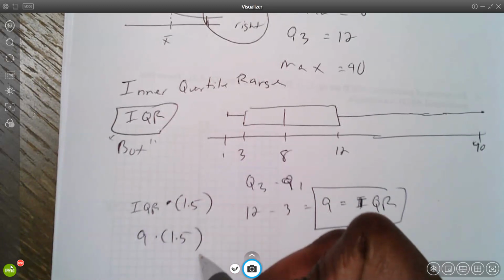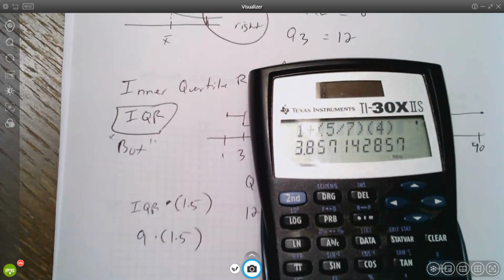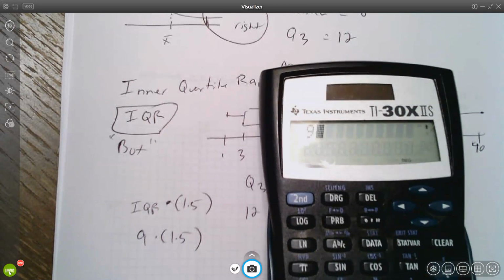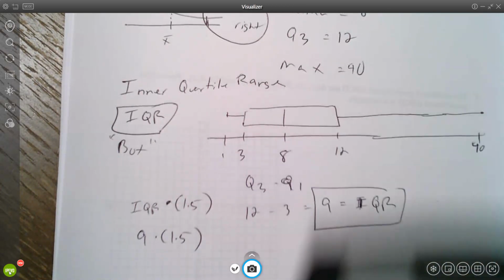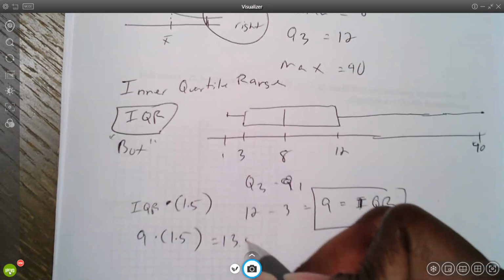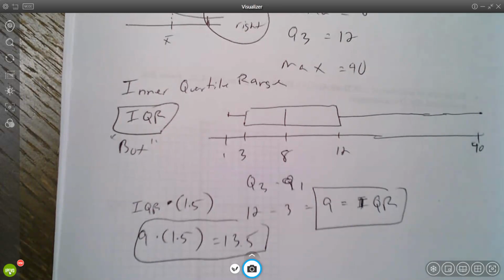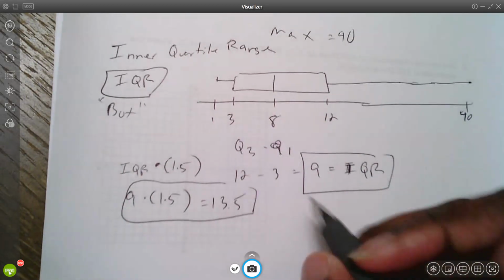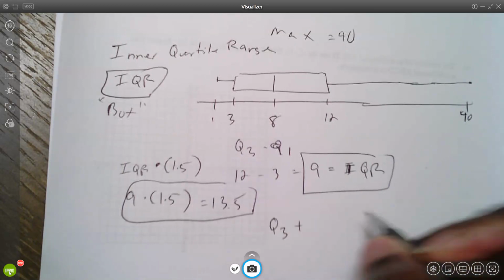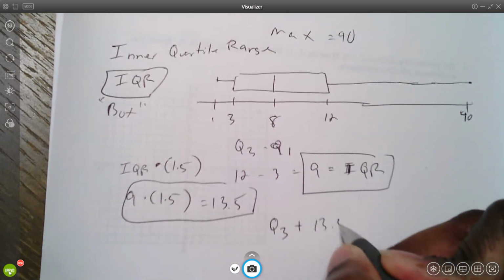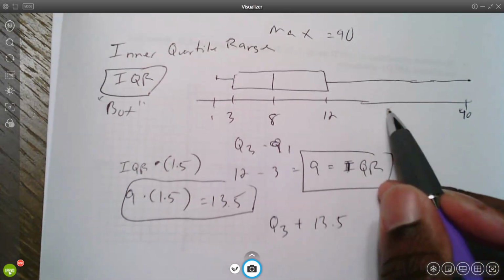Just for the record, 9 times 1.5 is 13.5. So that means that in order for it to be an outlier, I would take Q3 and add 13.5 to it. And that tells me the highest number allowed for this data.